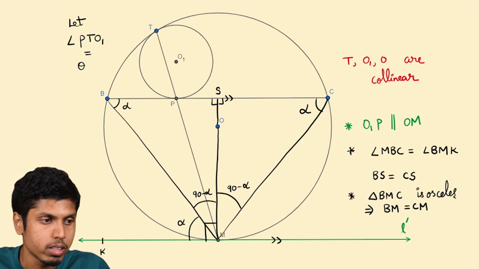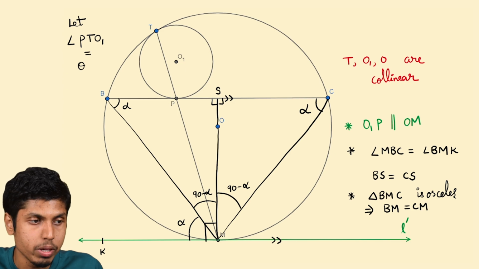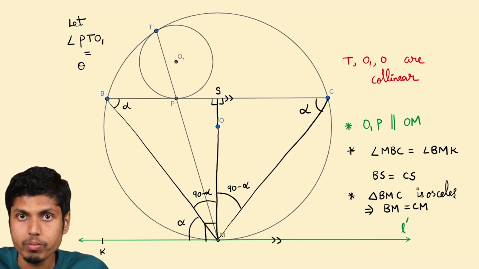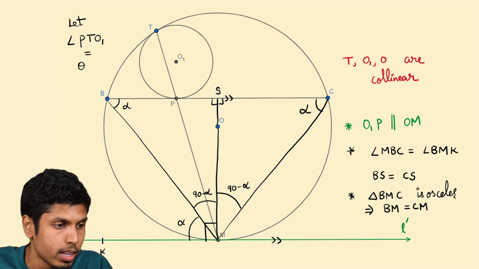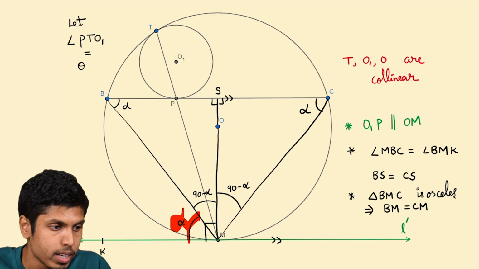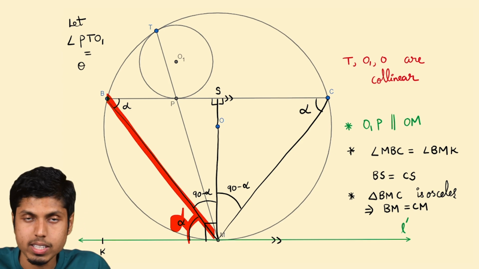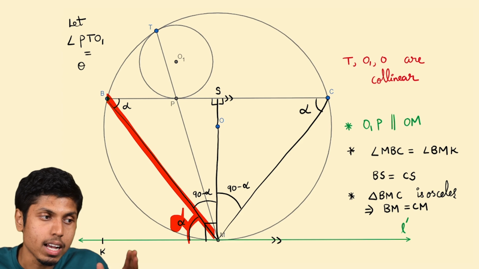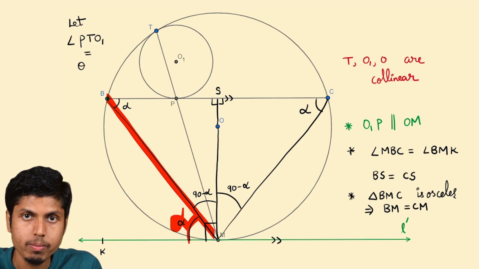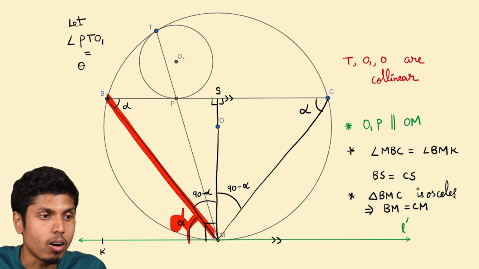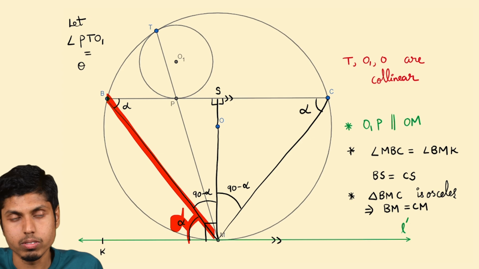You may also arrive at the conclusion of isosceles triangle BMC by the tangent-chord theorem if you are aware of it. Since this angle is alpha, the angle made by BM with the tangent, which is alpha, equals the angle made by the chord BM on the other side of the circumference of the circle.